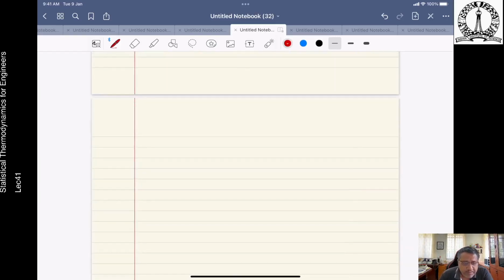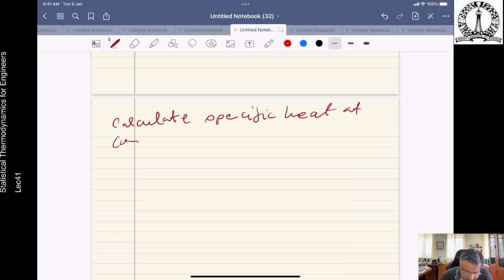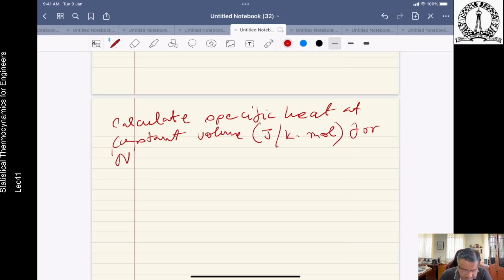Okay, so now if you have to calculate the specific heat, these are the expressions. Now if the problem is to calculate the specific heat at constant volume, in J per K mole, for nitrogen at 3000 Kelvin, the contribution for the translational mode, Cv by R translational, is only 3 by 2.